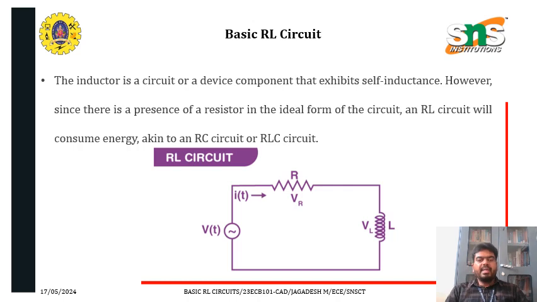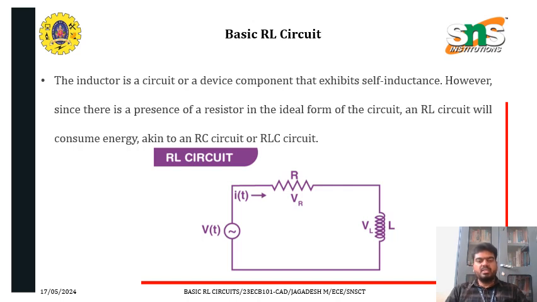So, the inductor is a circuit component that exhibits self-inductance. However, since there is a resistor in the ideal form of the circuit, an RL circuit will consume energy akin to an RC circuit or RLC circuit.